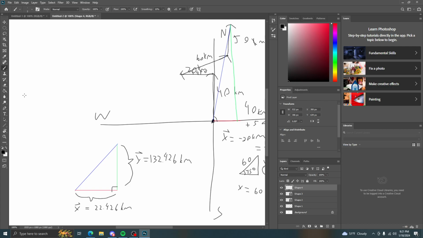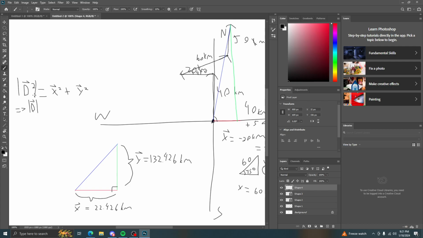We'll say displacement squared equals x squared plus y squared, which means displacement magnitude.